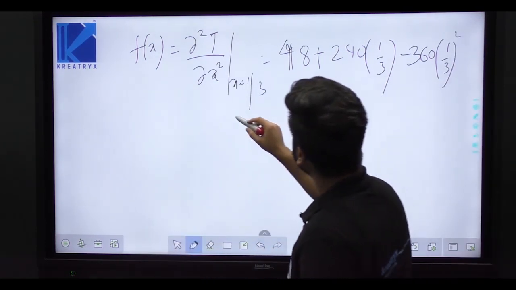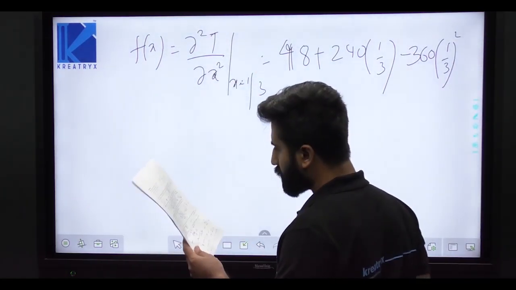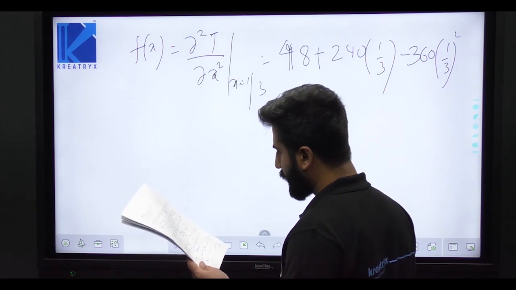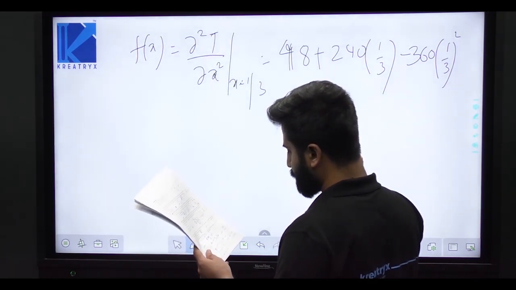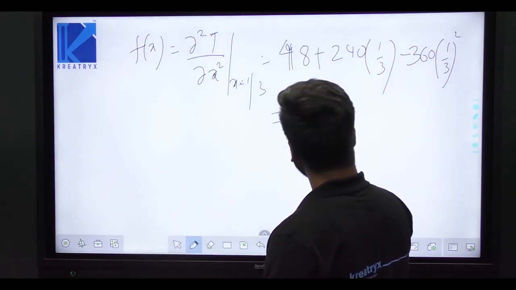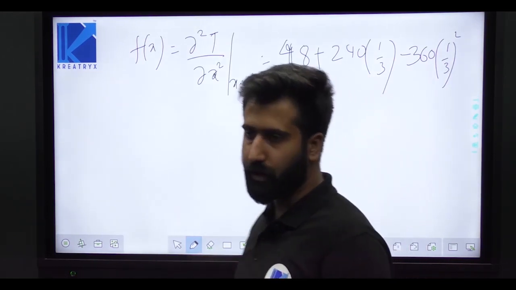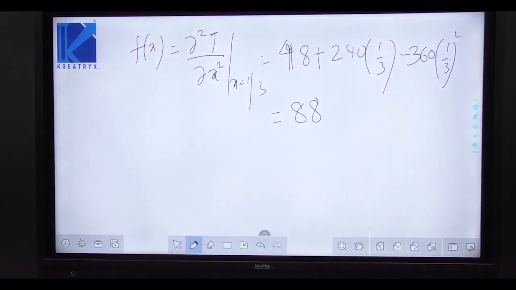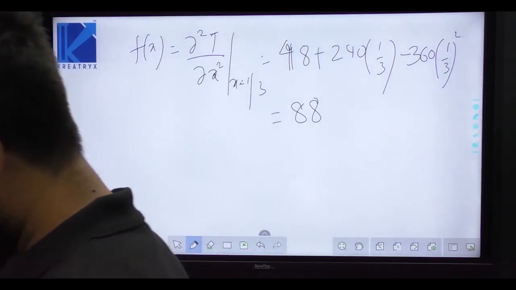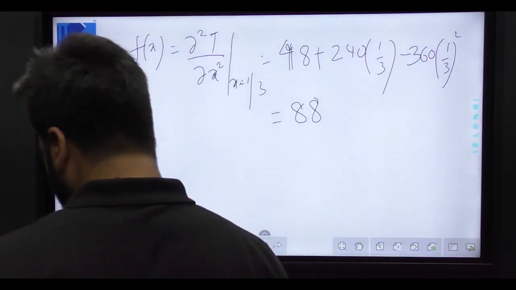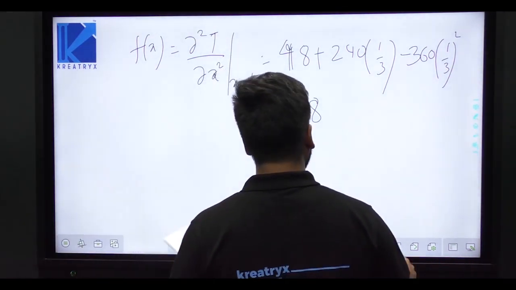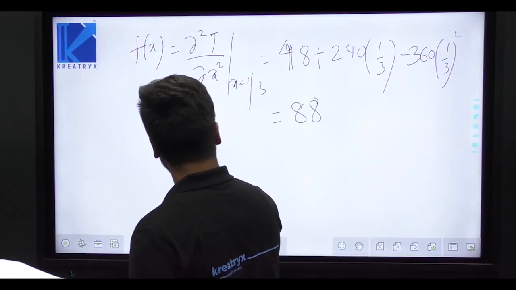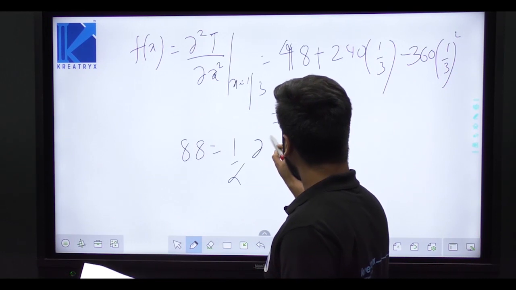Okay, you will get ∂²T/∂x² equal to, the value is 88, I guess. Yes, it will be 88. Let me check this, not sure. Yeah, this is 88. So 88 is equal to (1/α) ∂T/∂t.